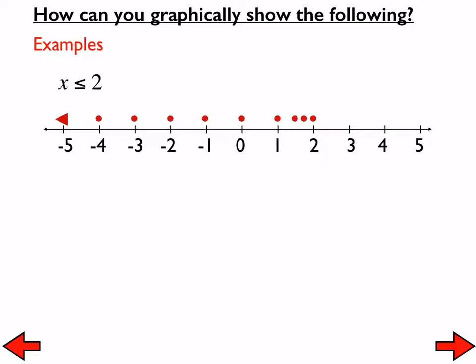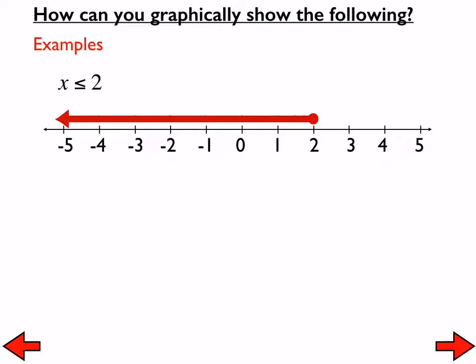So all of those numbers to the left of 2 on a number line are solutions, including the number 2. And so that's why we represent graphically the solutions to x is less than or equal to 2 with a graph like this, because that graph is telling us that from 2 on down to the left on a number line, every single one of those numbers will create a true statement.